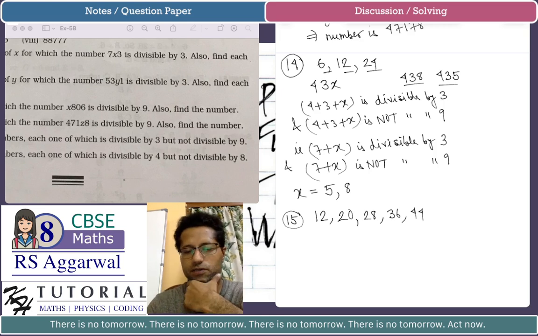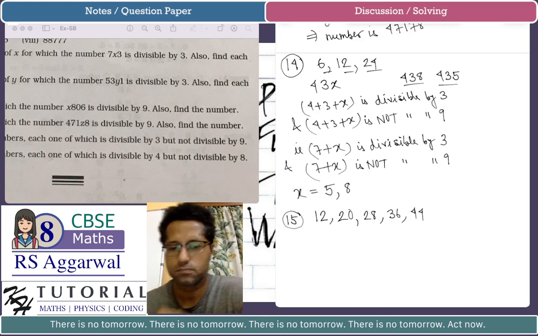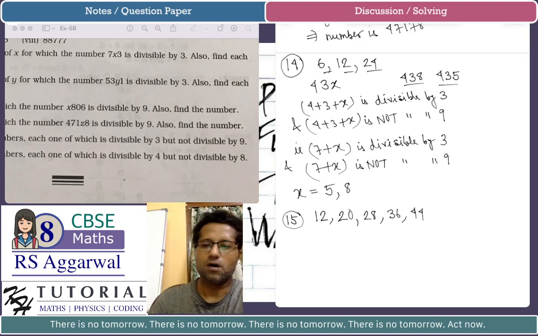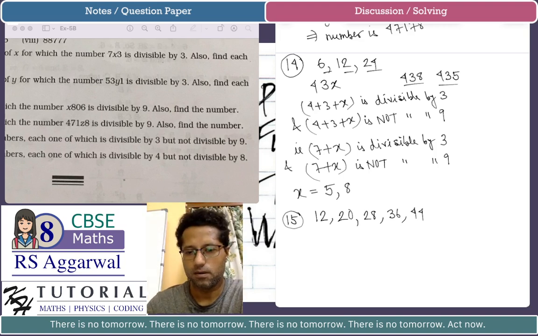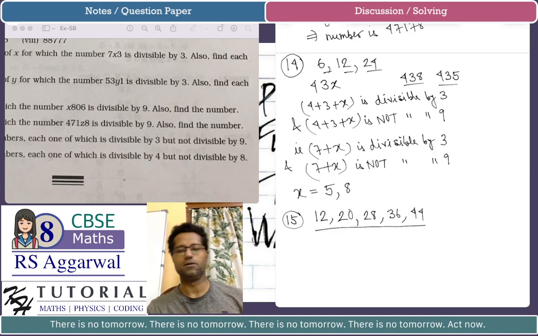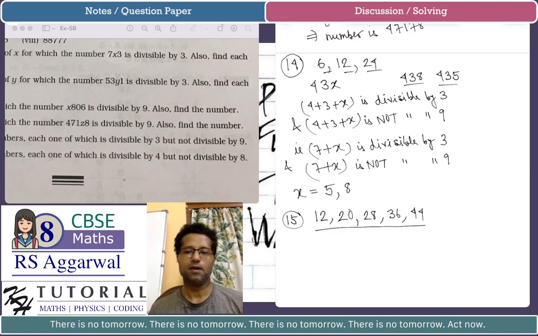So what about three-digit numbers? Can we utilize these numbers to form a three-digit number which is divisible by 4 and not divisible by 8?